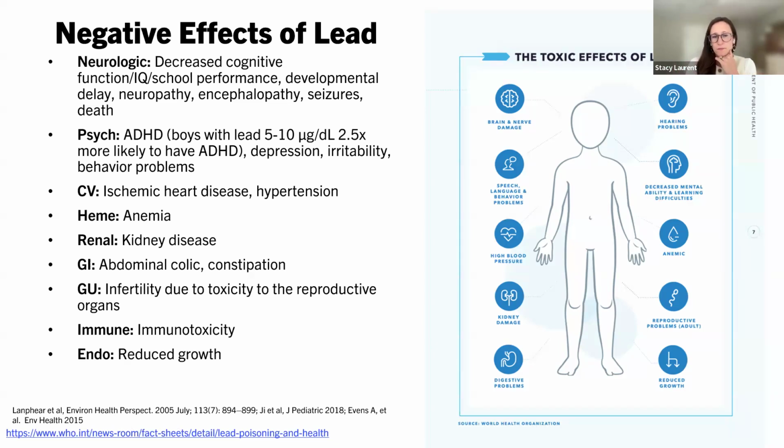The ones we focus on today are the neurologic and cognitive effects of lead exposure. It can affect cognition, decrease IQ, and affect school performance, and if lead levels are extremely high, you can get encephalopathy.